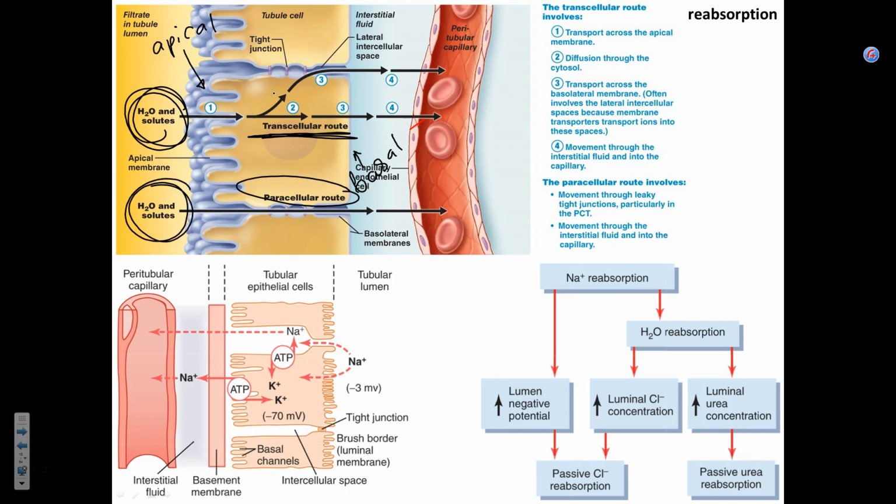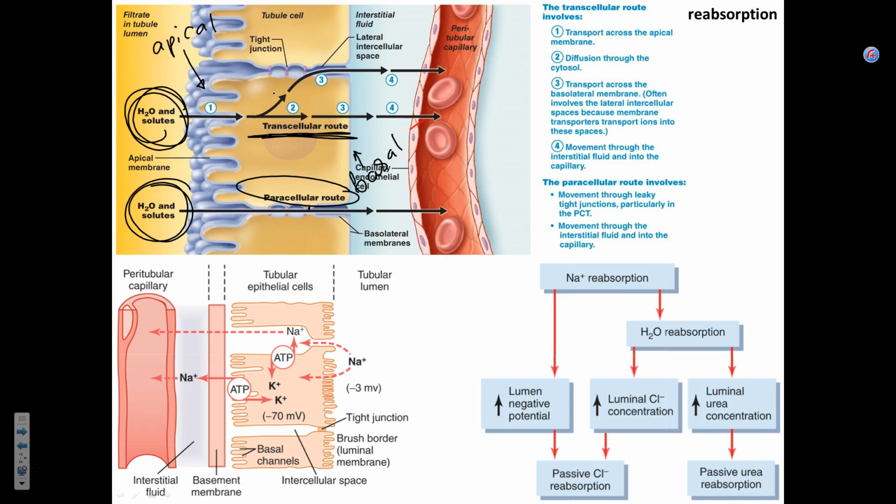Water, solutes, do they cross the membranes? During paracellular, they go between the cells. Like they don't really cross the membrane. So they cross the junctions, but not the membrane itself. So it's like squeezing through a really, really narrow fissure.